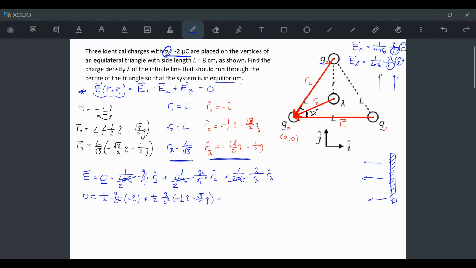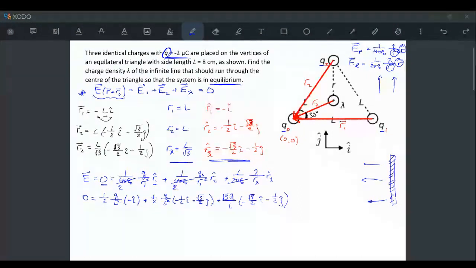And lastly, the third term from the infinite line charge, we have lambda over L. This would really be L over √3, but 1 divided by L over √3 is just the same as saying √3 over L. So that's replacing R lambda, and R lambda hat is minus 3 over 2 I hat minus 1/2 J hat.